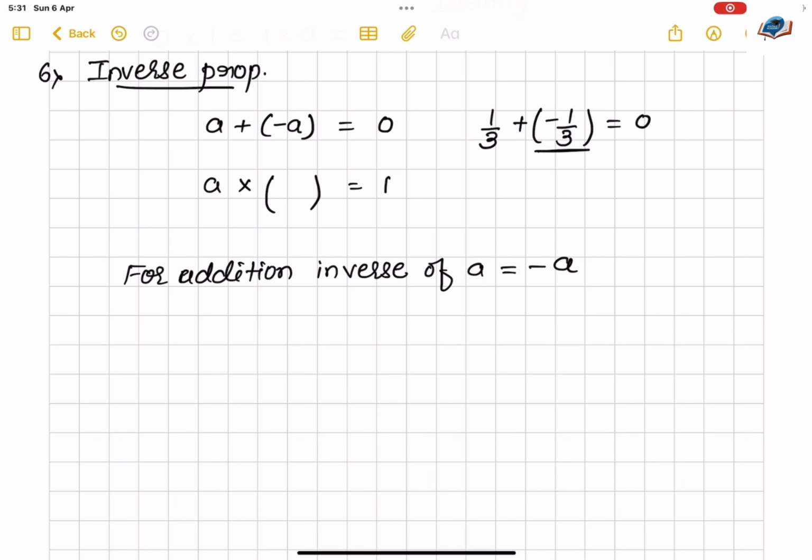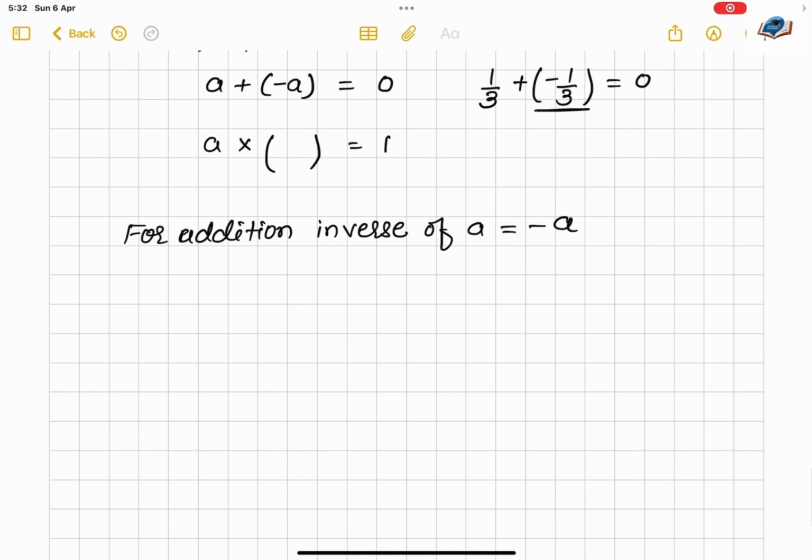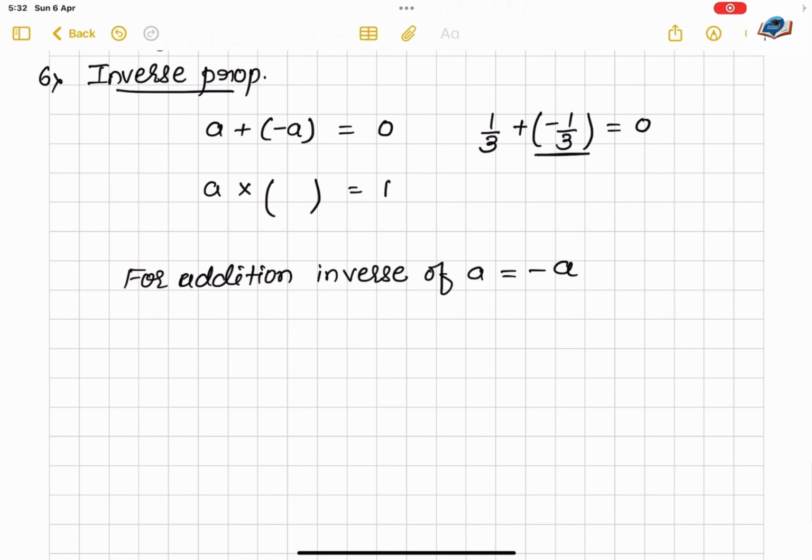Now, same way for multiplication, if I multiply by 1 upon A, I will get A cancel, so I will get 1. Like that, 1 upon 3 into the reciprocal of 1 upon 3.